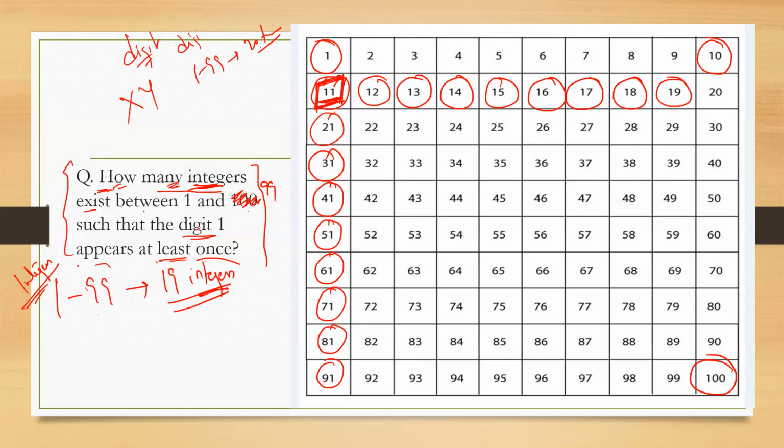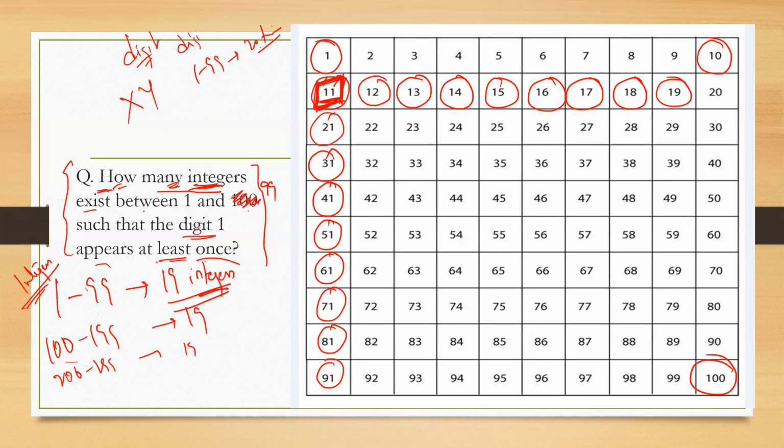The rest will be the same. Again, the pattern will be the same. That is, from 100 to 199, how many will be there? Again, 19. 200 to 299, again 19. So here you were doing 20, the same thing you will do with 19 now, because we are talking about this aspect. I hope this is clear, everyone.